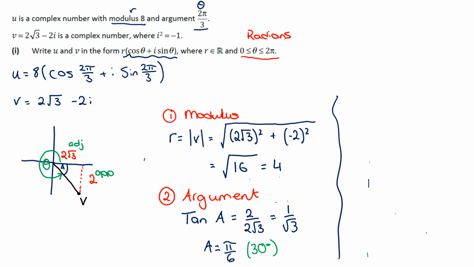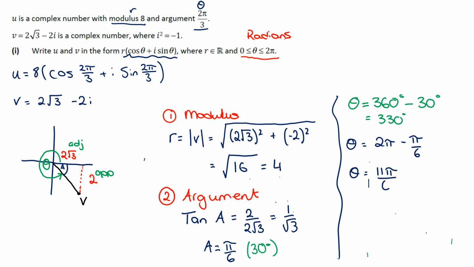So that's A, but actually we want theta. If I want the argument, I would say that that's 360 minus what we have, which is 30 degrees. But again, that's in degrees. That would give me 330. But if I wanted to work in radians, 360 is 2 pi minus pi over 6. And cleaning that up, that gives me 11 pi over 6.